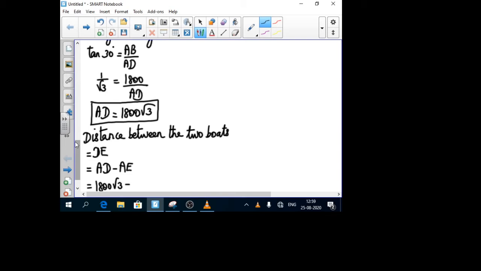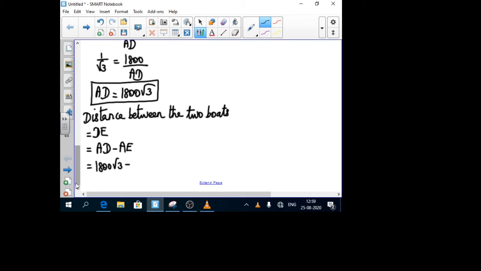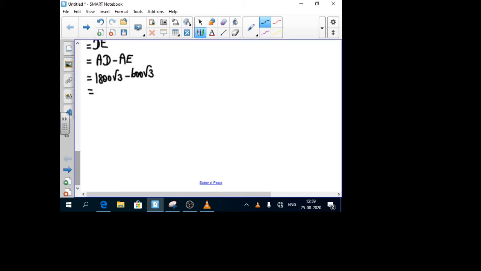So AD minus 600 root 3 is equal to 1800 root 3 minus 600 root 3. The answer is 1200 root 3.